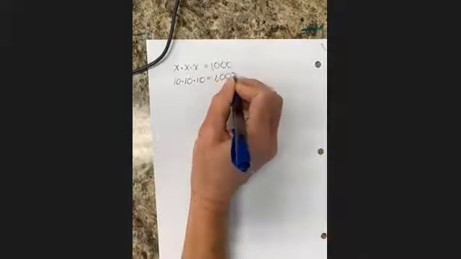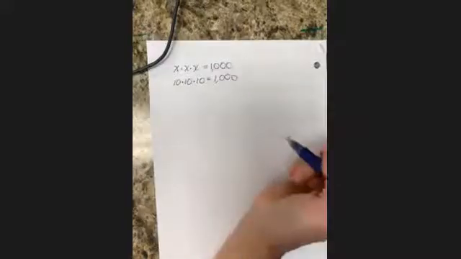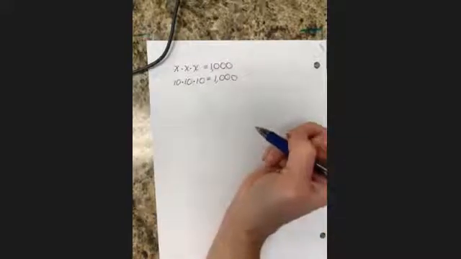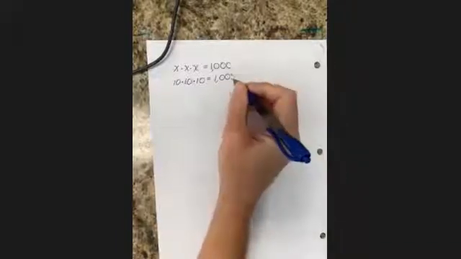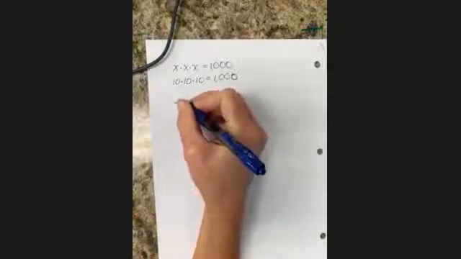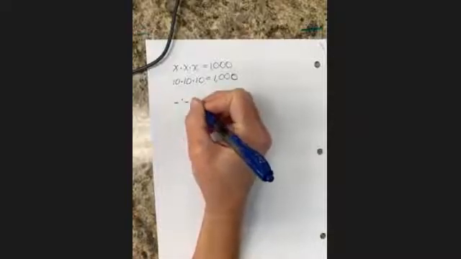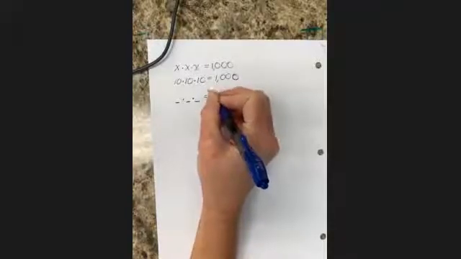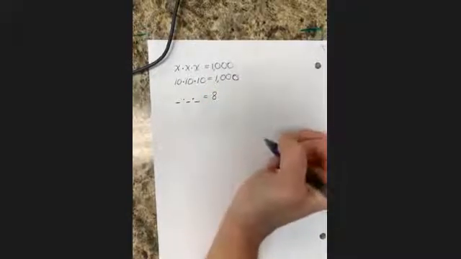Isn't it crazy how big it gets so fast? Like it's just nuts. So if I said, okay, what number times itself 3 times equals 8? What do you guys think that would be? Who has an idea on that one?